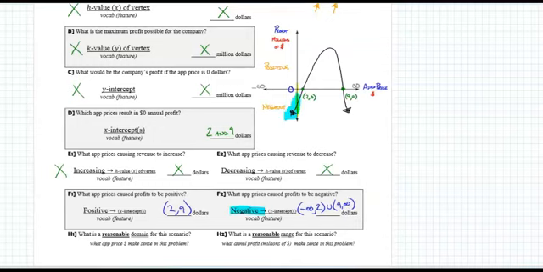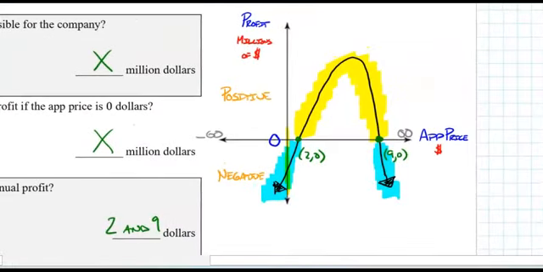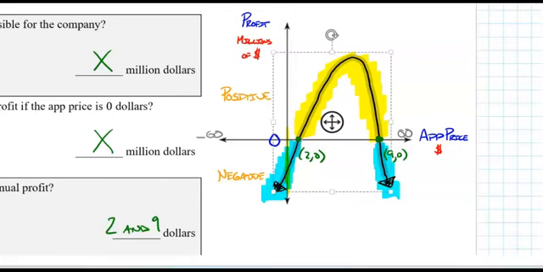Negative on this portion of the graph and negative on this portion of the graph, and the y values are positive on this portion of the graph. We answer in terms of our x values. We are negative from this arrow, meaning negative infinity to 2, and from 9 to positive infinity.